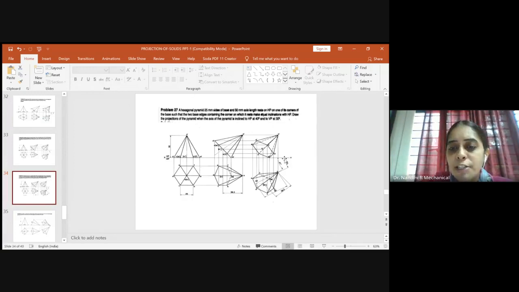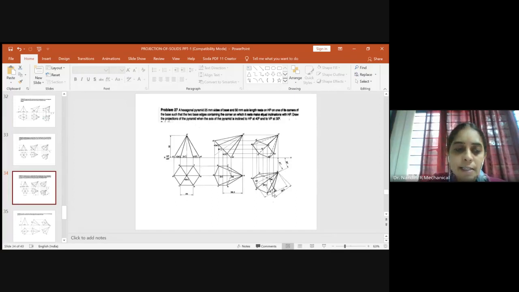In this stage, we have completed the first and second, and in the third stage, it is told that the axis of the pyramid is inclined to VP at 30 degrees. Since the true length is not available in the second stage, the only option is to determine the apparent angle and then reconstruct the second stage top view into the third stage.